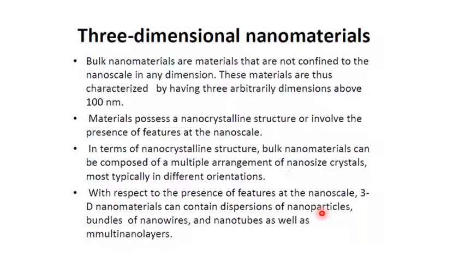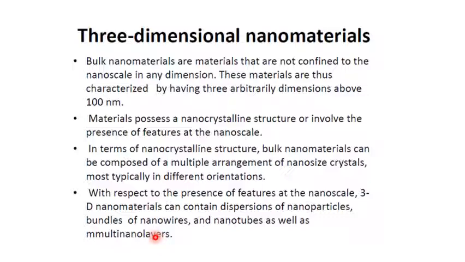The 3D material is the matrix, and the nanoparticles may be present as a reinforcement, and as a whole in the form of a composite. In the composite, nanoparticles may be present, nanowires may be present, nanotubes may be present, and multi nanolayers may be present inside the matrix.